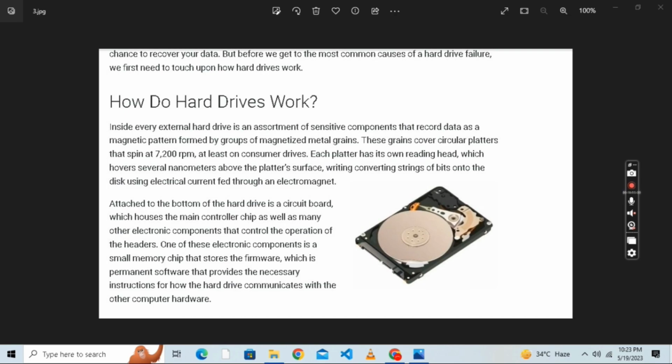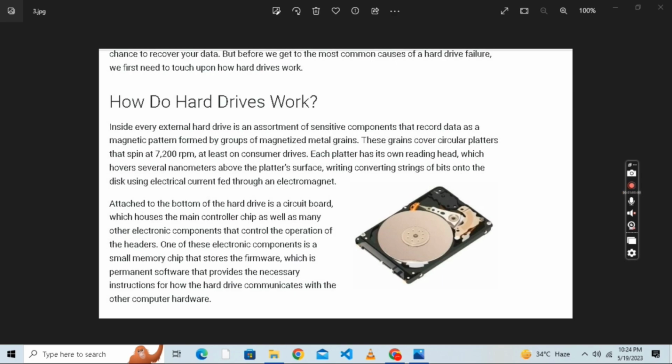How do hard drives work? Inside every external hard drive is an assortment of sensitive components that record data as a magnetic pattern formed by groups of magnetized metal grains. These grains cover circular platters that spin at 7,200 rpm.